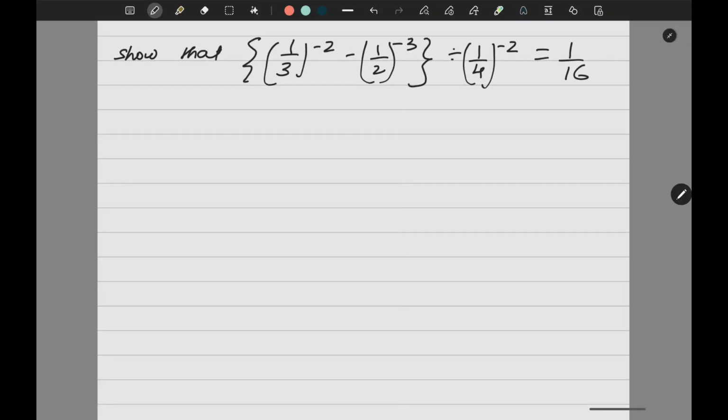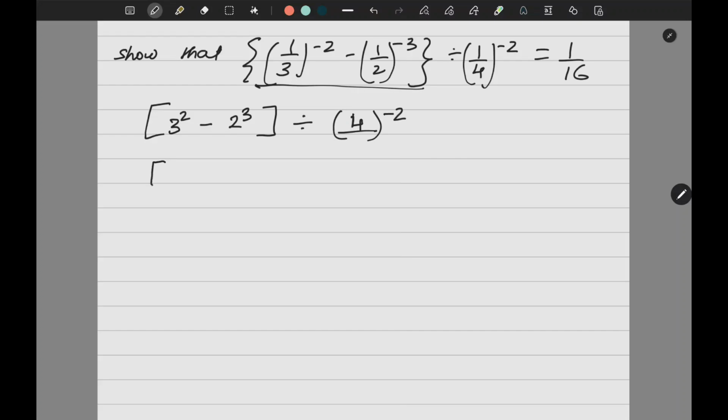Now see, show that this expression is equal to 1 by 16. Let us check. First let me break this bracket. First, negative power I don't like, so I will write it as 3 square minus 2 cube, divided by 1 upon 4 directly, because of negative power minus 2.